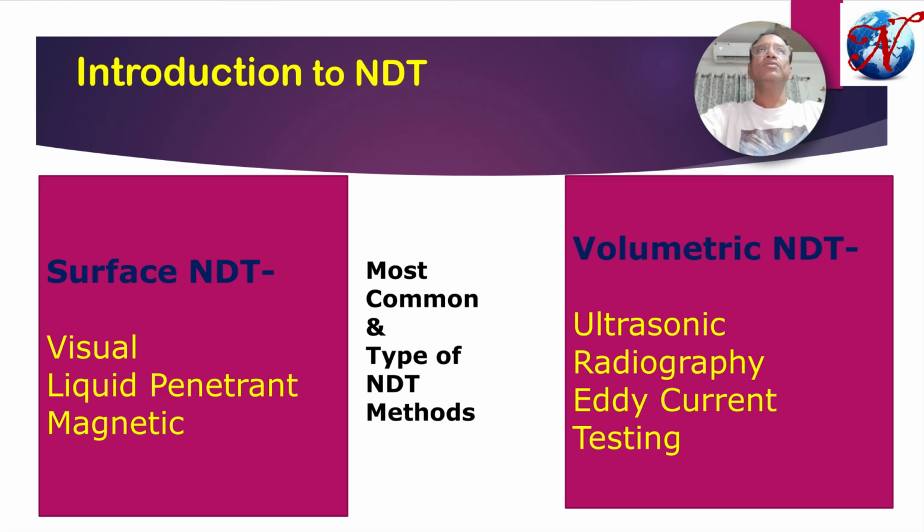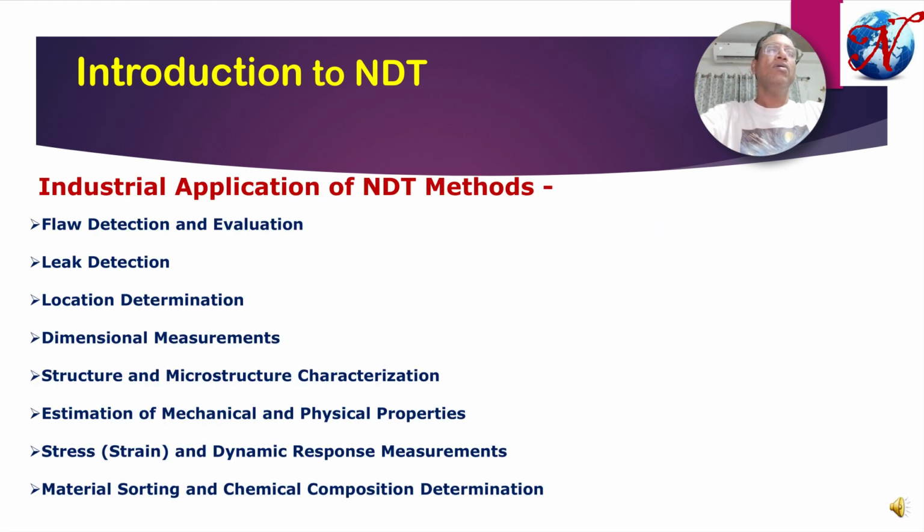That's why it is known as volumetric inspection. Any engineering specification or code always suggests the inspection of a particular component by a combination of one surface NDT and another volumetric NDT.